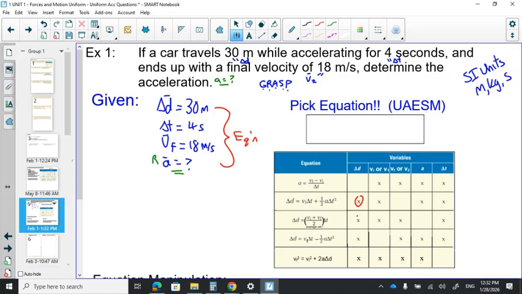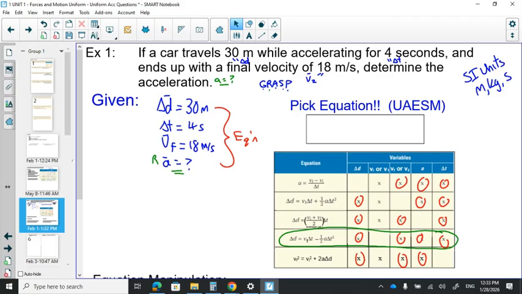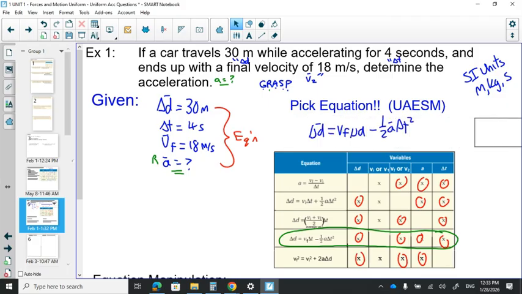So you can look at this and say, okay, I've got my displacement, my time, my final velocity, and I'm looking for acceleration. In this case, you can see that the one that has just those 4, and not something else you don't know, is that one there.